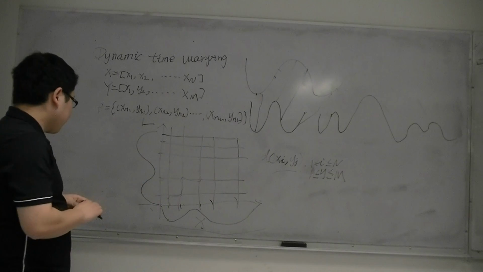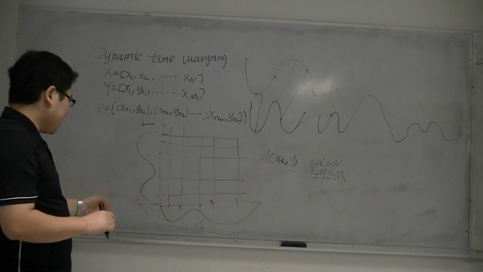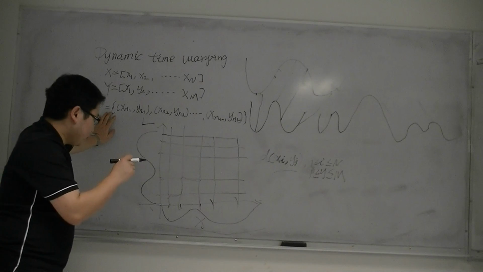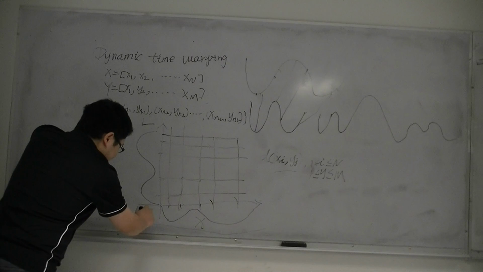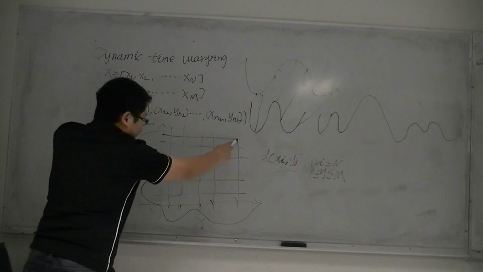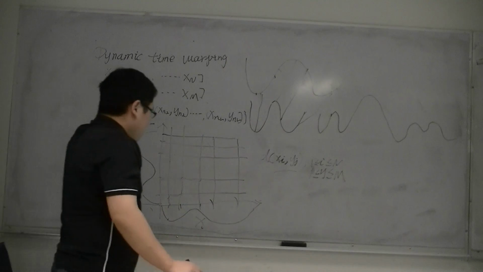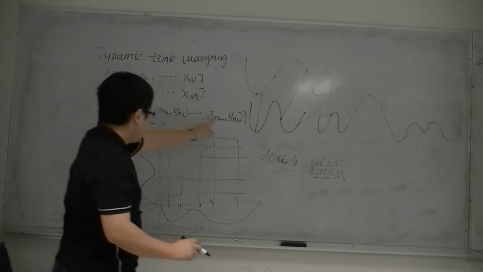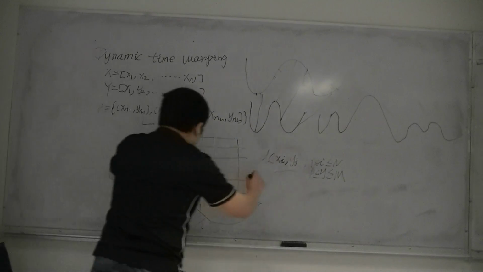So, how do I get this? I will define the routing. The first requirement is that it must start from this point and end at this point.